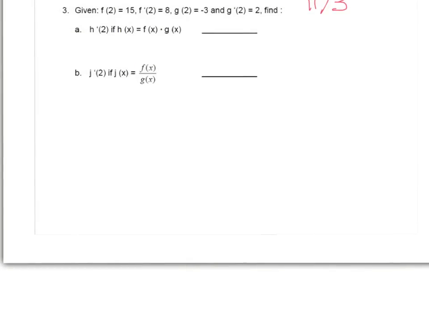Okay, so lastly for number 3, it looks tricky the way it's written, but if we write out for A, let's say, the product rule, because see it's F times G, the product rule says F times G prime plus G times F prime.